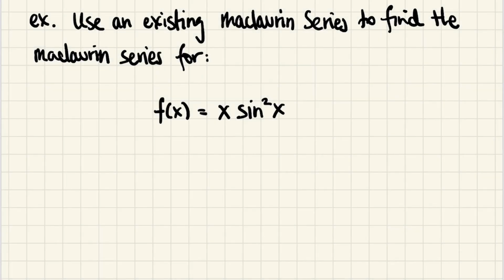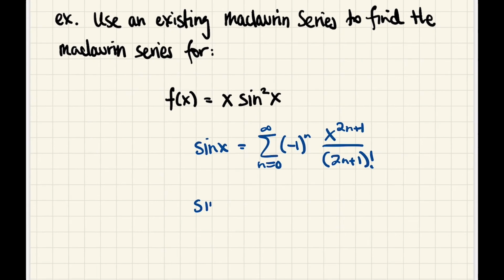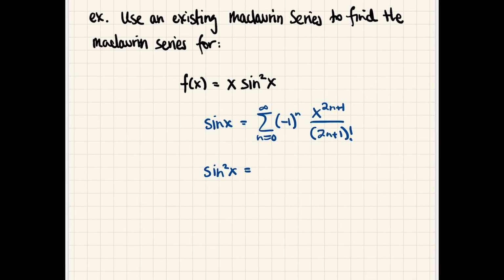Okay, so let's start by acknowledging an incorrect approach here. You may think, well, we have a sine of x, and we know sine of x is equal to this. So that means that sine squared of x must be the square of that, which is true.